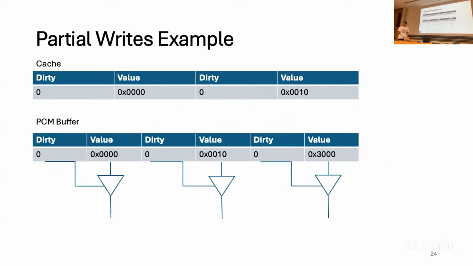So to give you a very, very simple example, on the top we have a cache, and on the bottom we have the PCM buffer. Let's say we have a write to the cache for this word, and then we mark it as dirty. And now the cache line is evicted. Beyond just the data, we now also have to transfer this dirty state to the memory. So this adds a little bit of overhead.